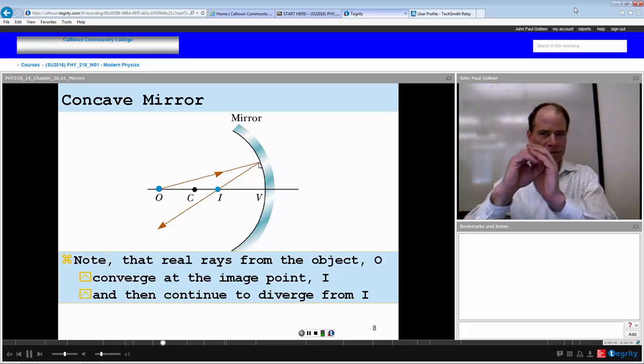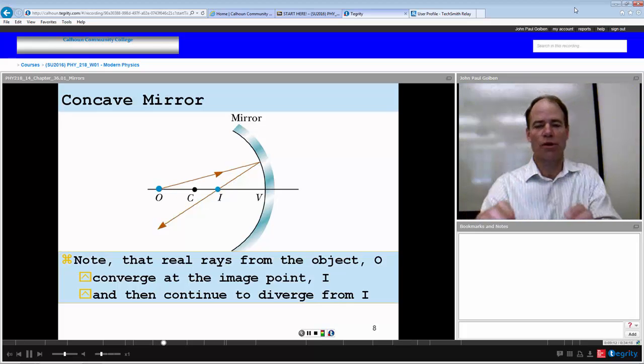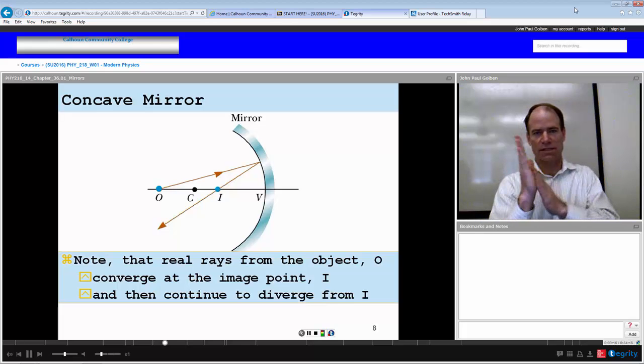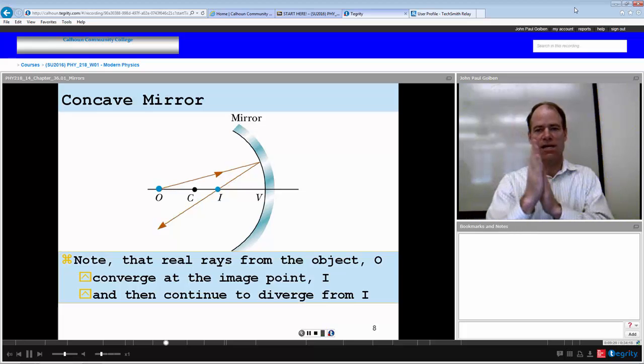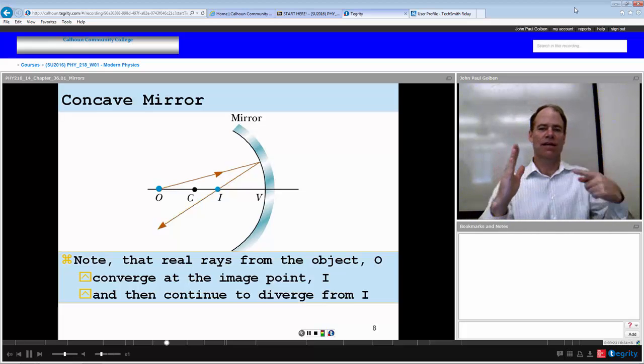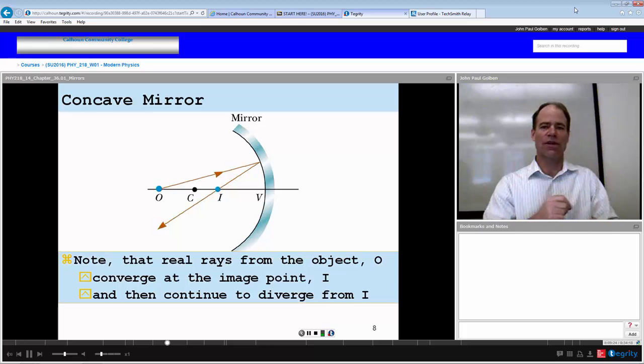If you focus in on the point where the ray touches the mirror, on a very local scale it appears flat, and the angle of incidence equals the angle of reflection. So whatever ray comes in at that point reflects out from that point, and in this case it goes through point I and then continues on.